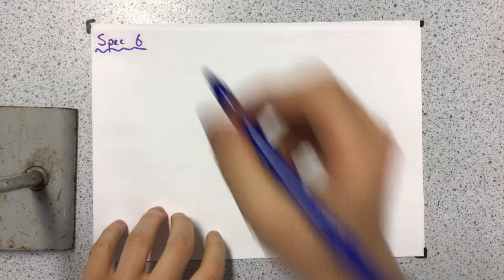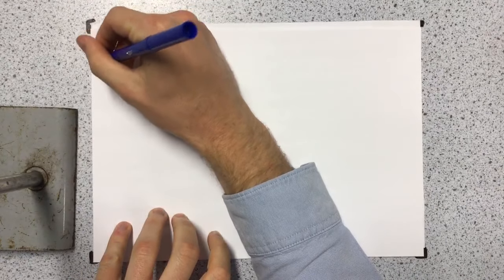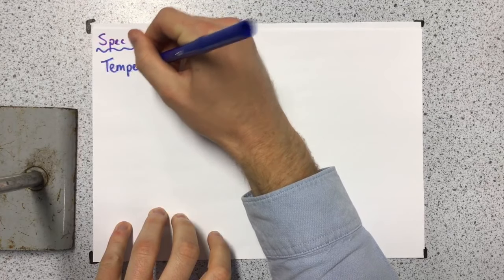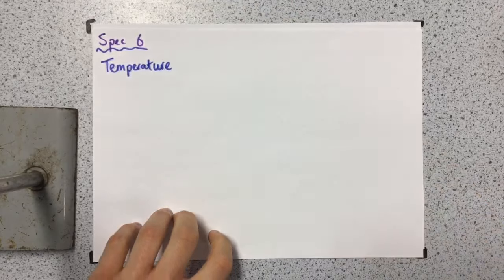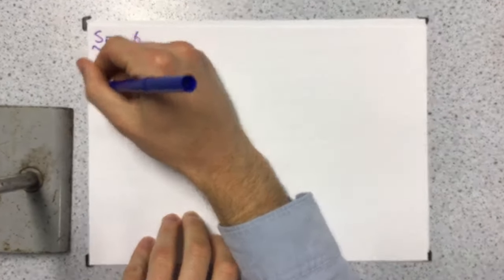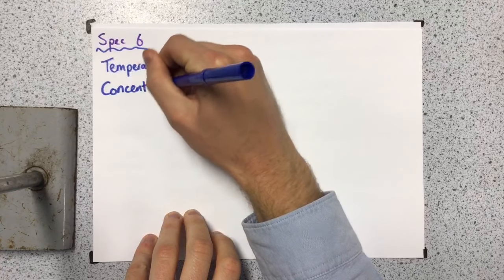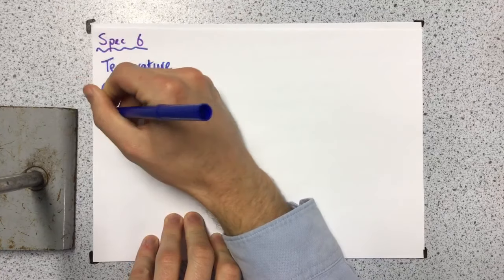So spec 6. Firstly, we need to understand the 5 different ways that we can affect the rate of a reaction. Firstly, we've got temperature. We've also got concentration. Pressure.